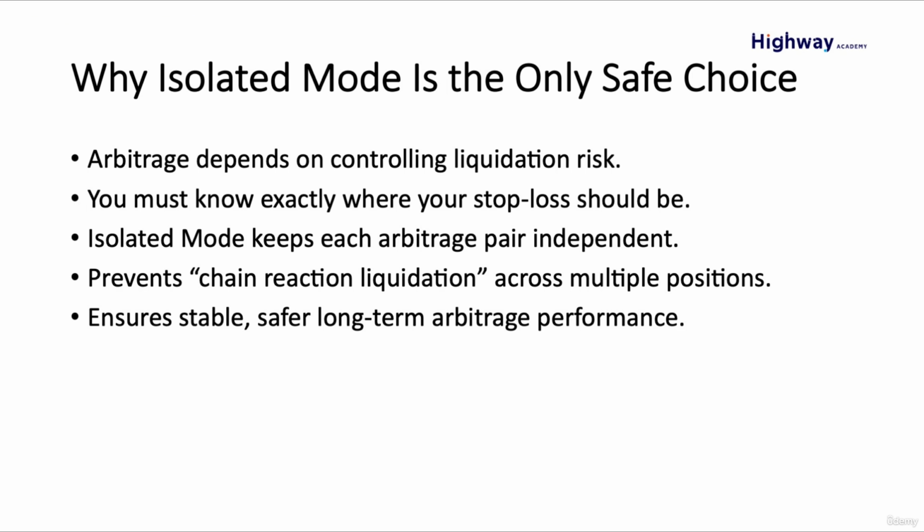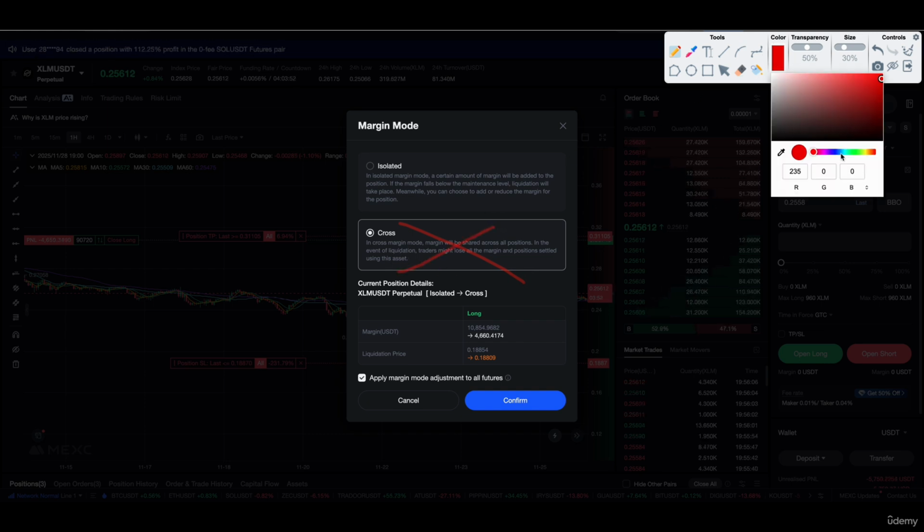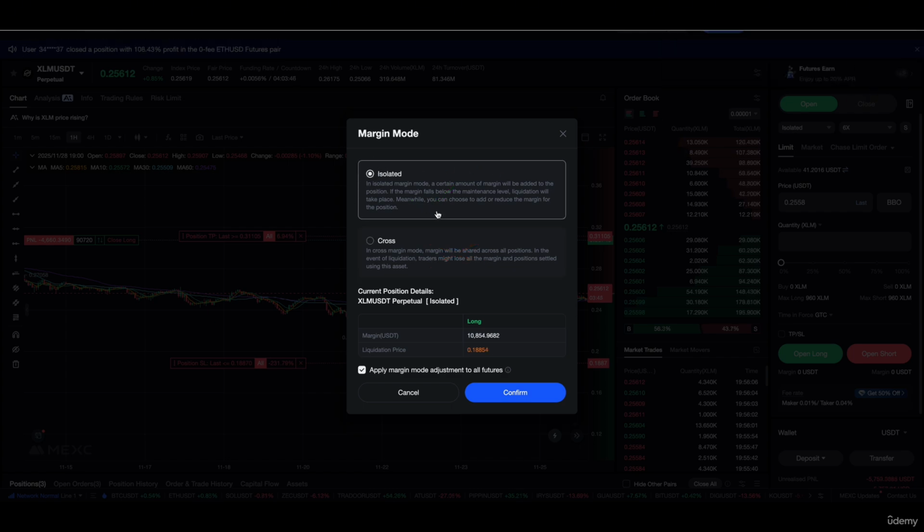For these reasons, I personally only use isolated mode when running arbitrage strategies. It gives me full control, stable liquidation prices, and most importantly, it prevents one position from dragging down the entire account. In arbitrage trading, especially funding rate arbitrage, stability and risk management are far more important than capital efficiency. And isolated mode gives us exactly that.